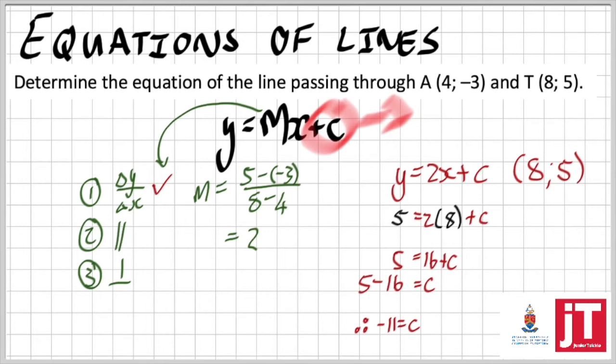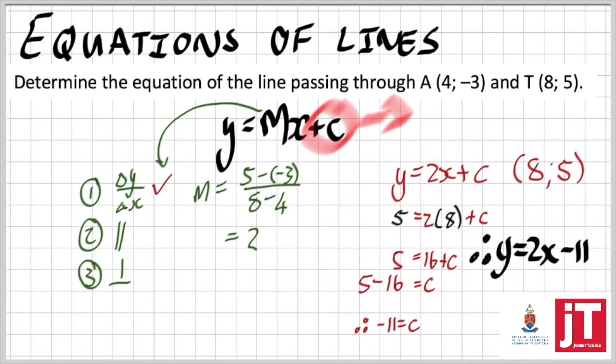But what was the question? The question is not determine m or c. The question is the equation of the line. So the equation of the line is y = 2x - 11. Ta-da! Simple and as easy as that.